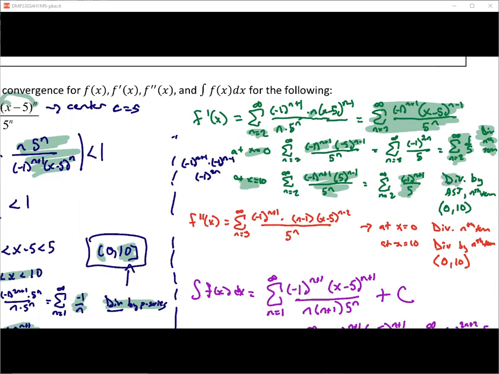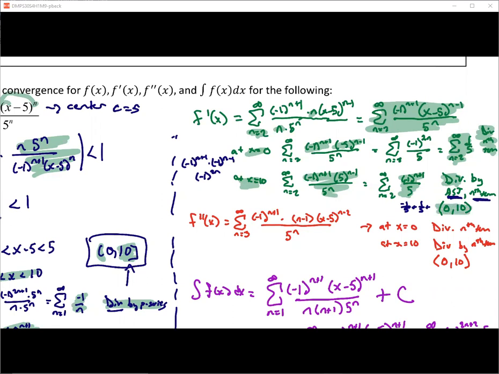Because our terms are going to alternate between -1/5 and 1/5, so our sum is not going to be a consistent number. It's either going to be 0 or -1/5. So this diverges. We could say by the alternating series test, but it's more that the nth term test limit is not actually 0. So our interval of convergence is 0 to 10, non-inclusive.